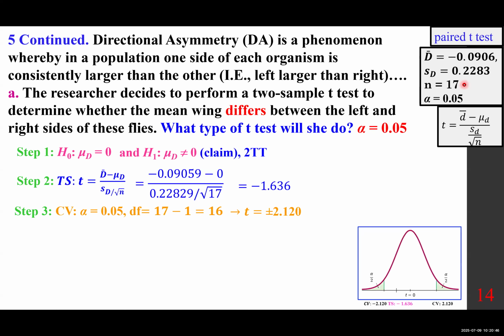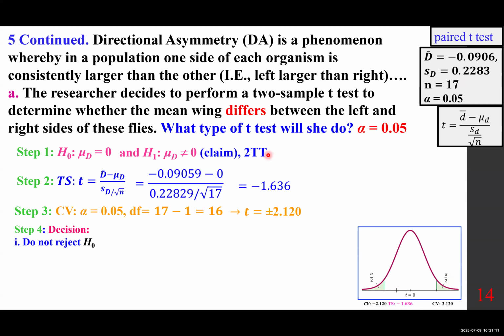As you can see from the graph, the critical value of negative 2.120 is here. The positive is here. And test statistic of negative 1.636 is somewhere here, everybody. It's way into the non-rejection region. So the decision is do not reject H0 or fail to reject H0.